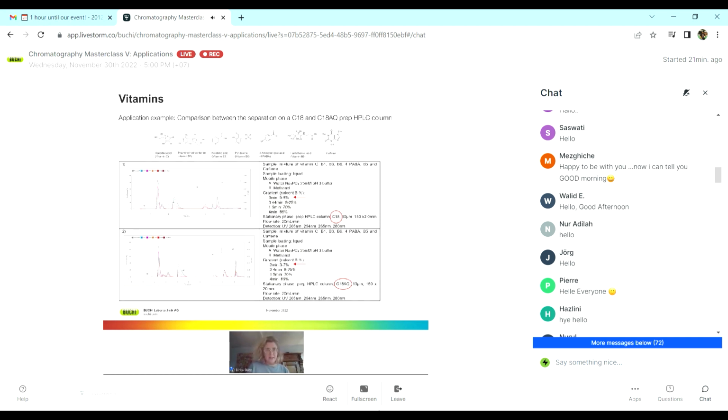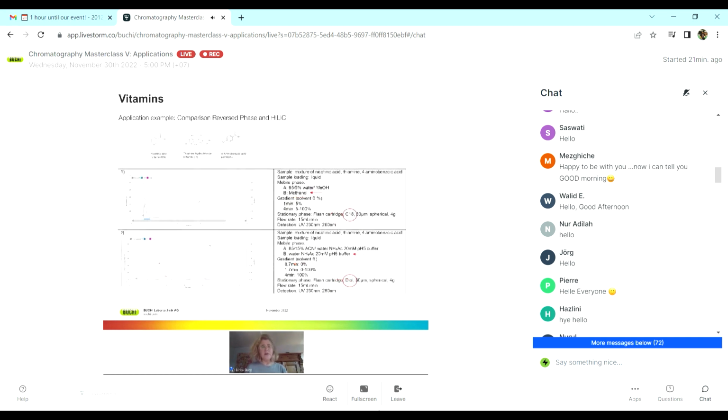We have another example. Here we compared reversed phase and HILIC with 3 different compounds. In the first run, this is a C18 flash cartridge. And in the second run, it's a diol cartridge. In the first run, this was just a normal reversed phase. We started with very high water concentration and increased the methanol over time.